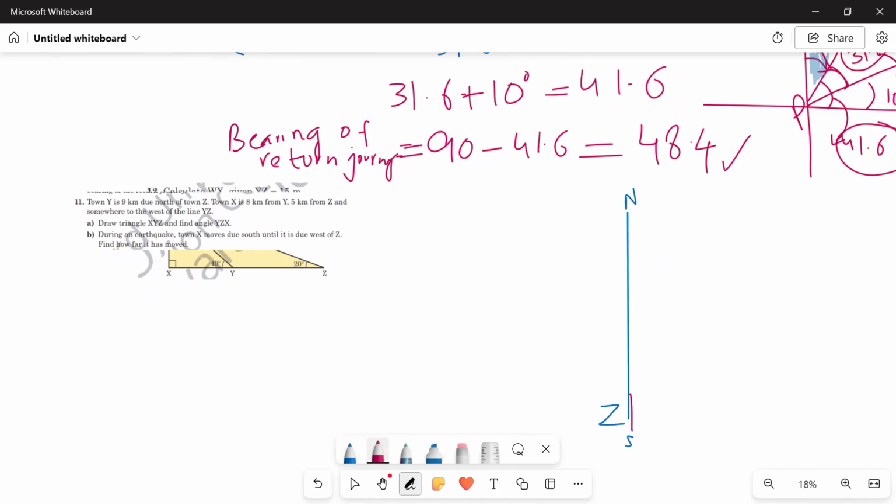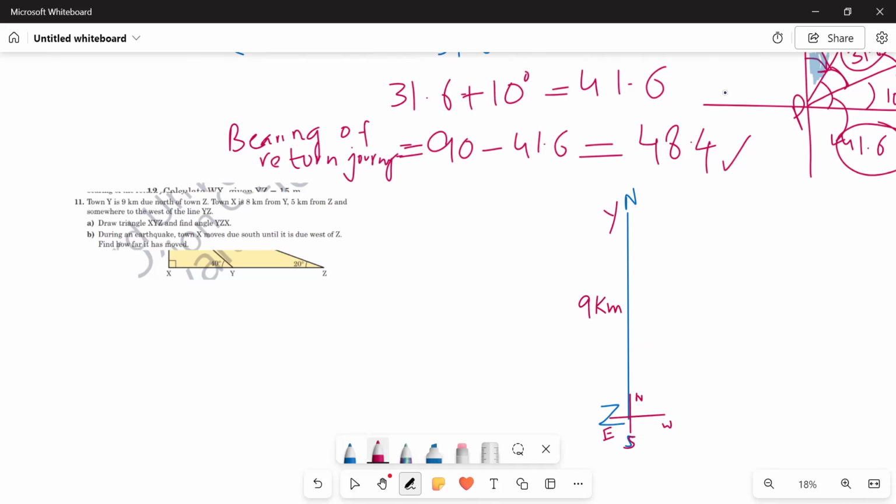If we take the directions of point Z, it is north and south, east and west. So at the north, there is town Y, which is 9 kilometers away from town Z.